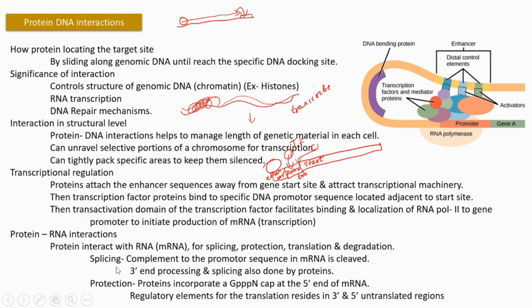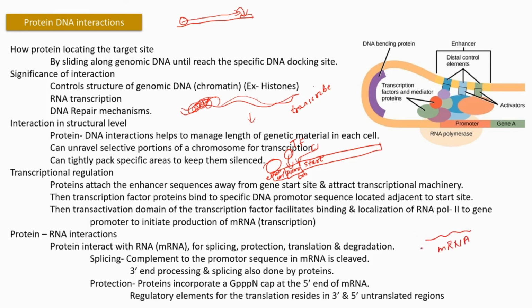For that also some protein or enzymes are coming. That is one type of interaction involved in splicing. Also, the 3' end and 5' end of mRNA are highly modified. Suppose this is an mRNA.